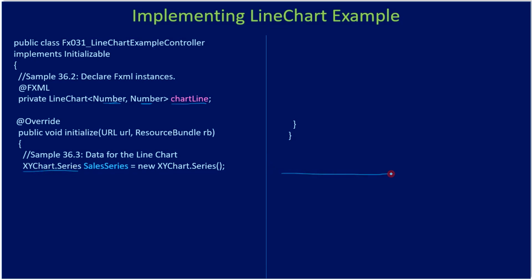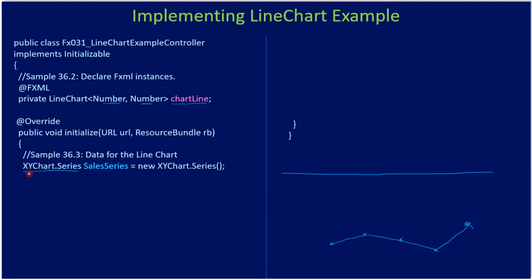Say for example, if you want to plot some 5 points, we call this a series, and to this XYChart.Series we name this a sales series, right? To this series we will add the data points, and it will get connected to form the trend. So this is the series of data that shows some change in trend.